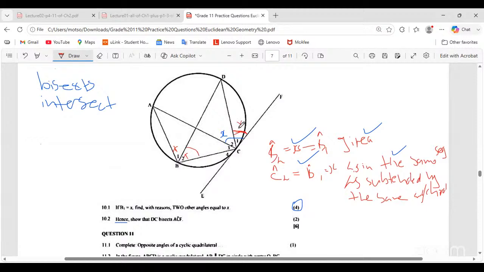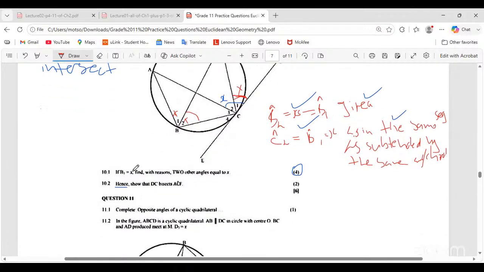Now, we also have X here. For this answer, you will just simply take this part and put it there. The second part is that angle C1 is equal to angle B2. They're both equal to X. Why? Because of the tan-chord theorem.